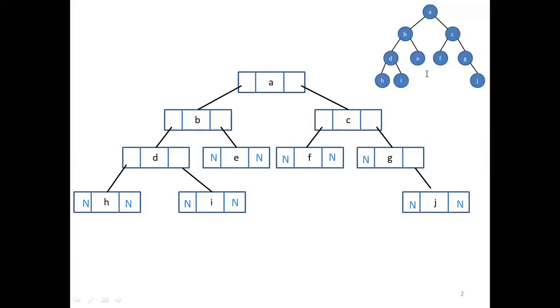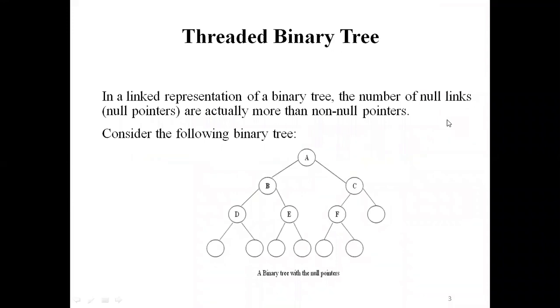Now, if you consider this tree, what is the purpose of using this threaded binary tree? In a linked representation of a binary tree, the number of null links, or null pointers, is actually more than that of non-null pointers.